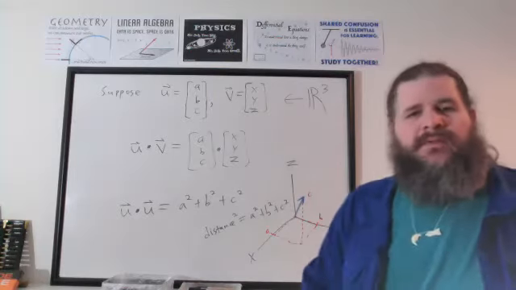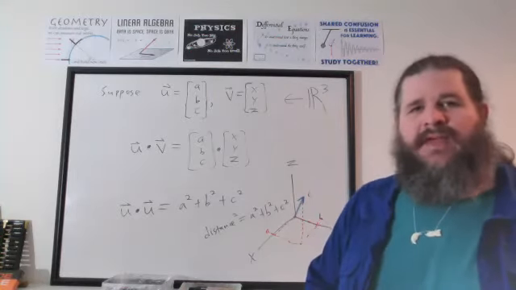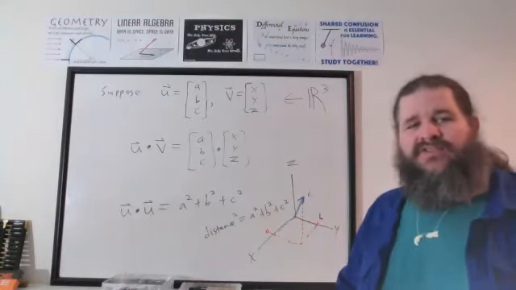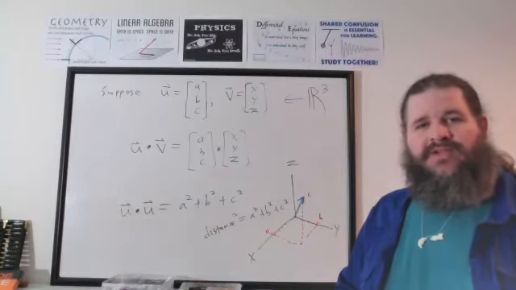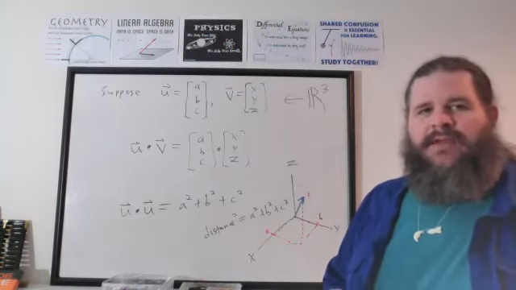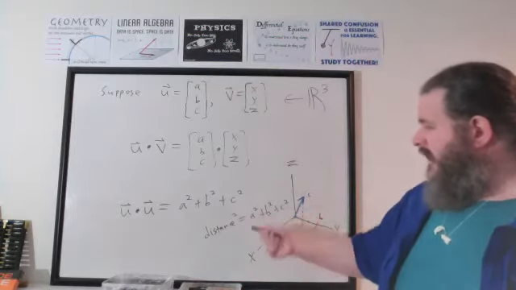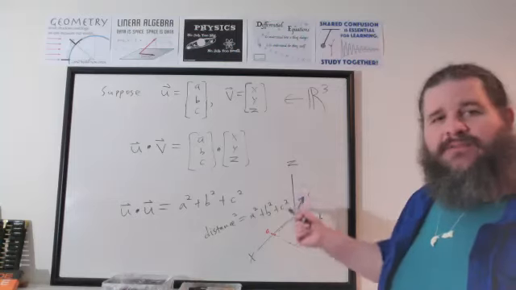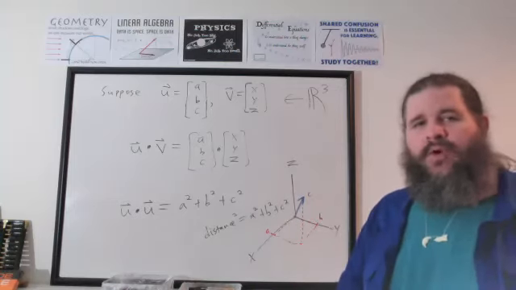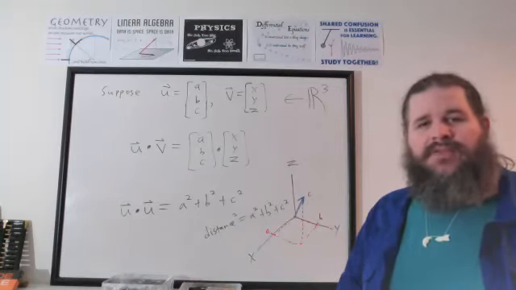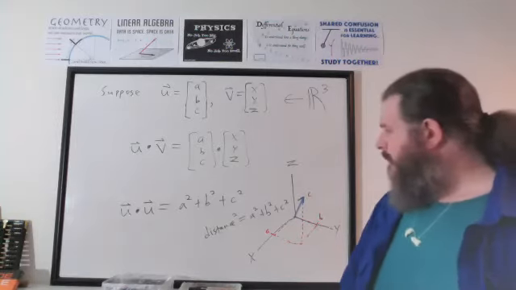So the Pythagorean distance formula extends to more than 2 dimensions as well. Even if you've got a 5-dimensional vector, you could still say the length squared equals a squared plus b squared plus c squared plus d squared plus e squared. You can't really draw out a 5-dimensional vector, but the mathematics still applies.